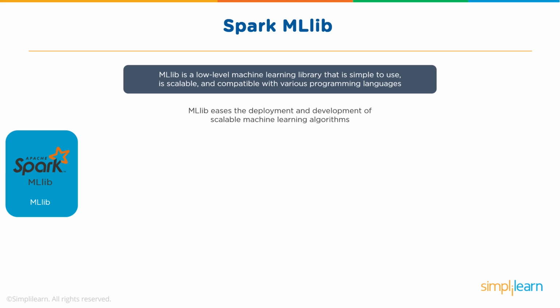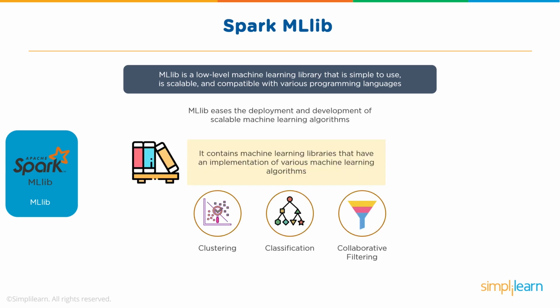MLlib eases the deployment and development of scalable machine learning algorithms. Think about your clustering techniques. Think about your classification, where you would want to classify the data, where you would want to do supervised or unsupervised learning. Think about collaborative filtering and many other data science related techniques, or techniques which are required to build your recommendation engines. Machine learning algorithms can be built using Spark's MLlib.